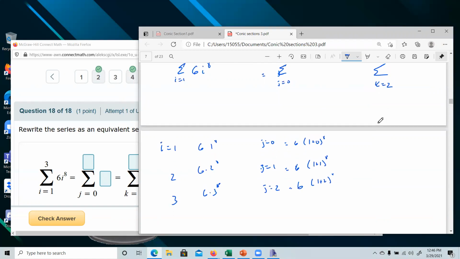For the second one, we'll say k is equal to 2, 3, and 4. We pretty much have to do the same thing. So 6, 6, and 6. And we need about 2 minus 1. Oh, no, sorry. 3 minus 2. We have to start at 2. So 3 minus 2. I don't want to do that.